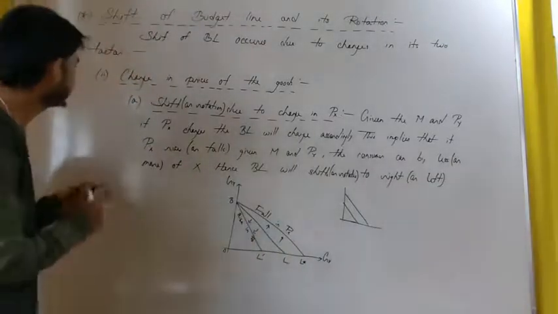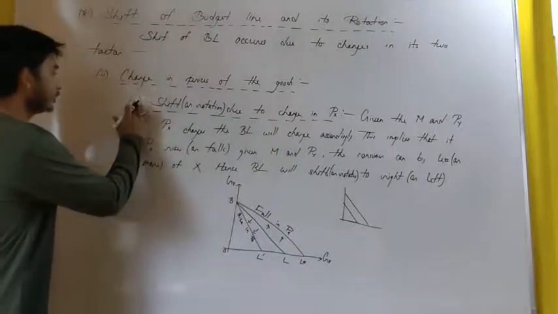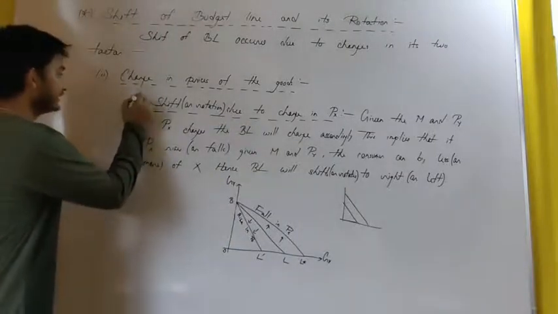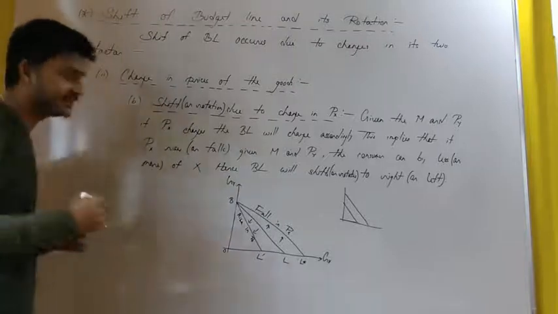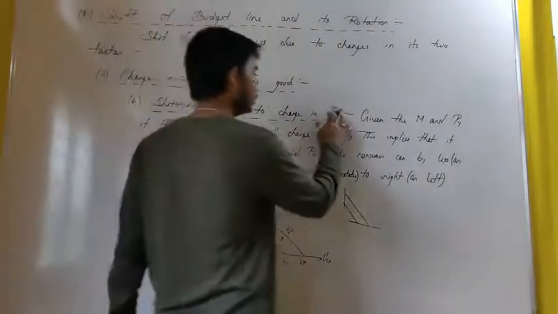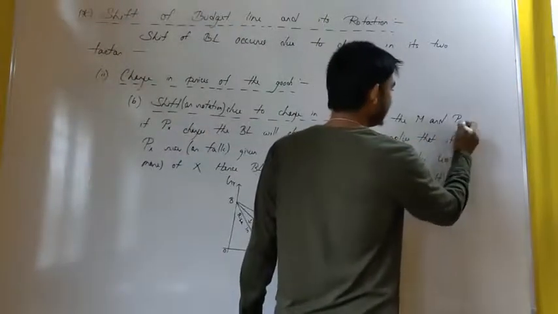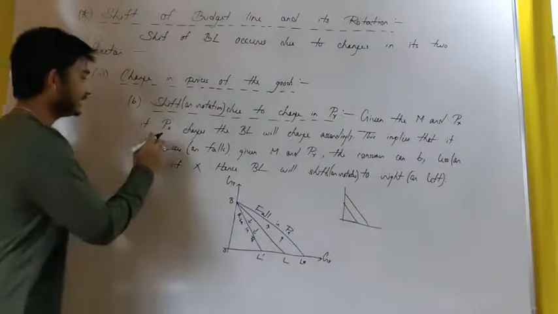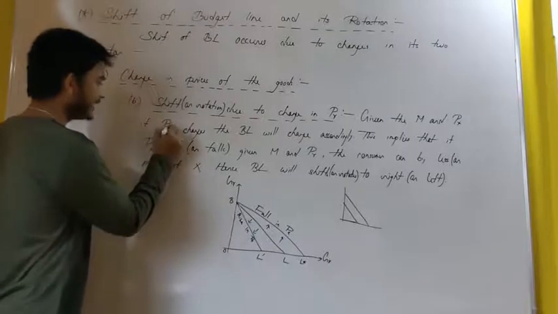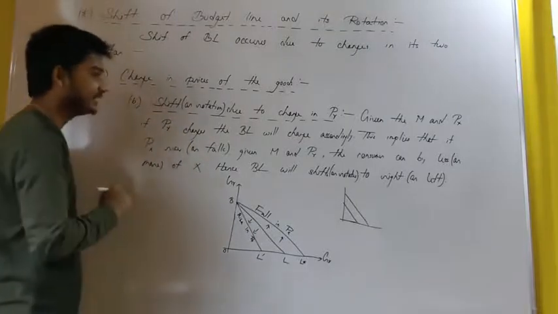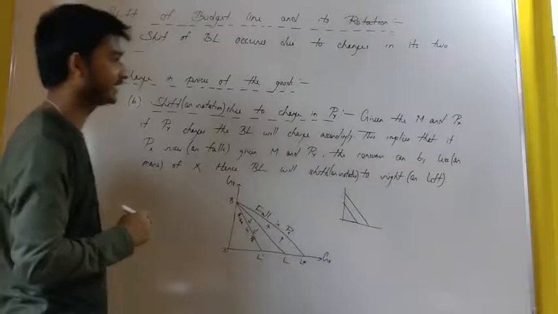Anyways, the second shift or rotation happens due to change in price of good Y. So given the income of the consumer and price of good X, if price of good Y changes, the BL will change accordingly.